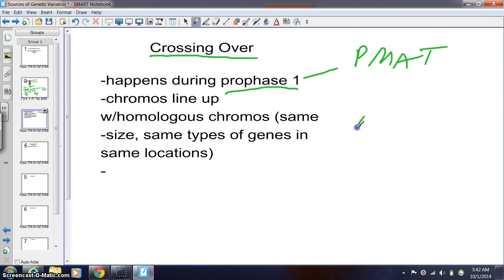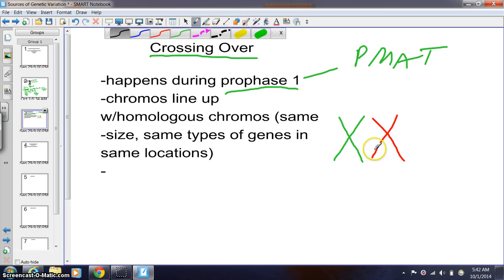This happens when the chromosomes line up. So let's say this is from mom, and then this one is from dad. And then crossing over occurs when one chromatid here will cross over with this chromatid here. And what they'll do is they'll actually exchange genes.